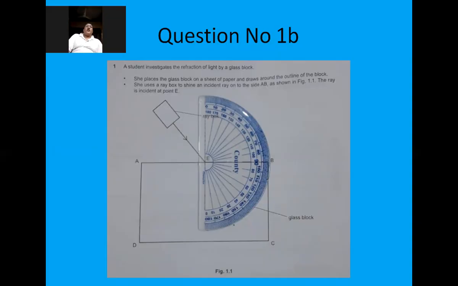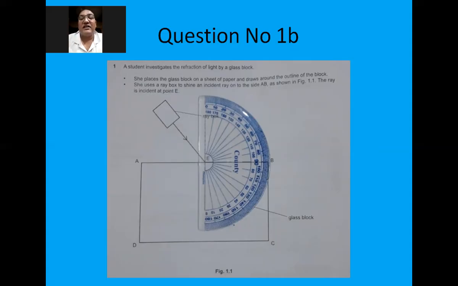First of all, I have to mark the angle of refraction of 25 degrees. You can see on your screen how you will put your protractor. The crosshair of the protractor is on the point E, and the zero is on the normal. From here, I will count 25 degrees: 10, 20, so 25. You can see I put a dot here that shows 25 degrees. This is the angle the refracted ray makes with the normal inside the glass block.